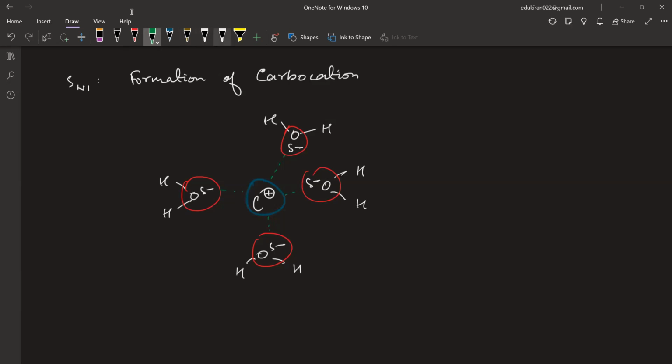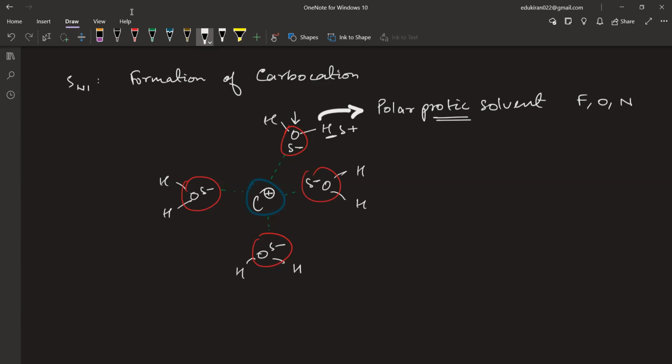That is why this is an example of polar protic solvent. Why is it polar protic? Because you can easily see that there is a dipole. Delta negative is there in oxygen, and delta positive will be there in hydrogen. So there is a polarity here. And why is it protic? Because hydrogen is directly connected to oxygen. So when hydrogen is directly connected to fluorine, oxygen, or nitrogen, then it is an example of polar protic solvent.